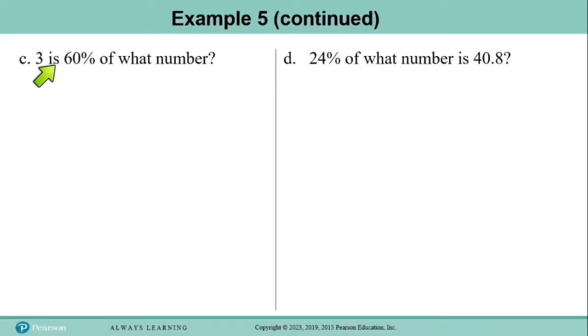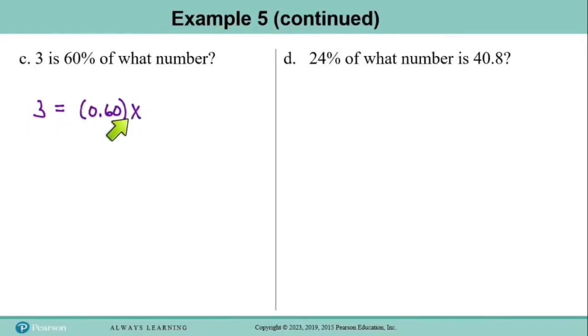So "3 is," we'll write 3 equals, and then 60% of what number? So put this in decimal form, we'll move the decimal 2 places to the left, and so we'll write 0.60 times X. So "3 is 60% of what?" becomes 3 equals 0.60 times X.